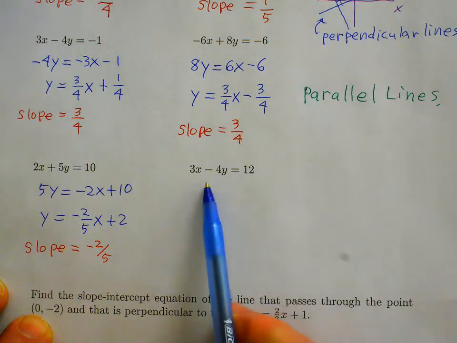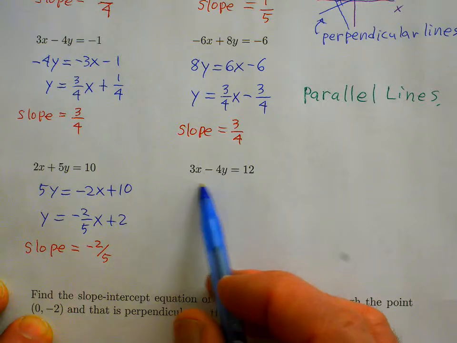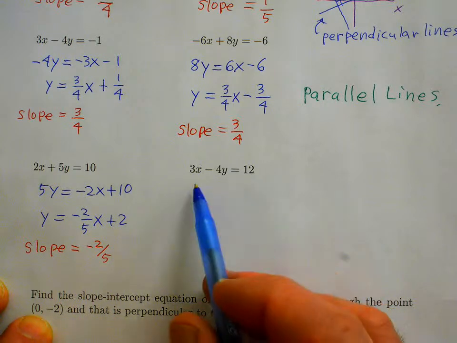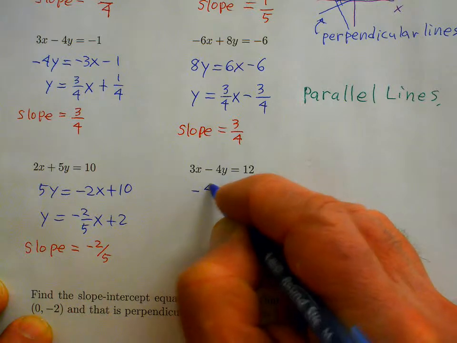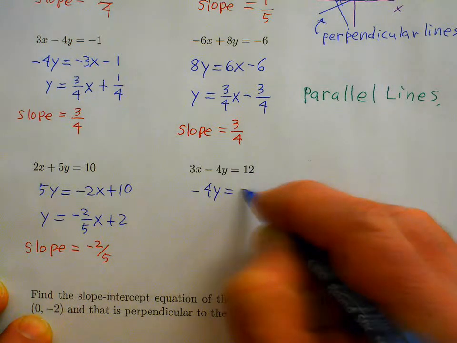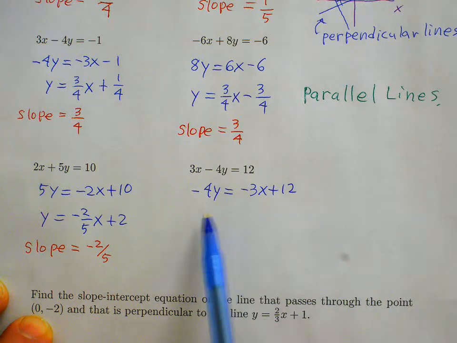You solve the other equation for y. 3x minus 4y equals 12. Subtract 3x from both sides to start with, so we get negative 4y equals negative 3x plus 12. Divide every term on both sides by negative 4.